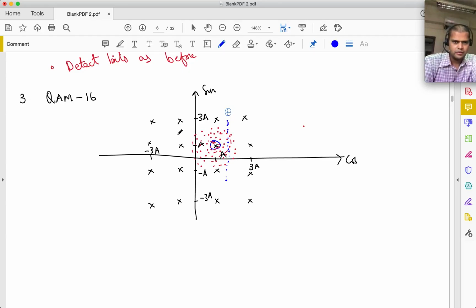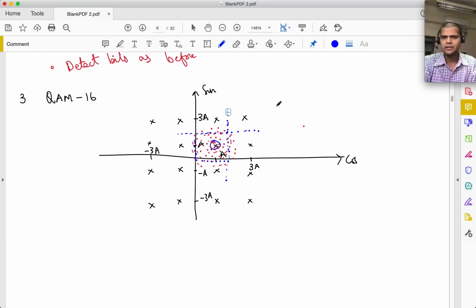So effectively I'll have to find out which particular region I'm going to say that this particular constellation was received, right? So the red point is what I am receiving. Suppose the black mark is what I sent out, that constellation point. One of the red dots is going to be received, with a certain probability.